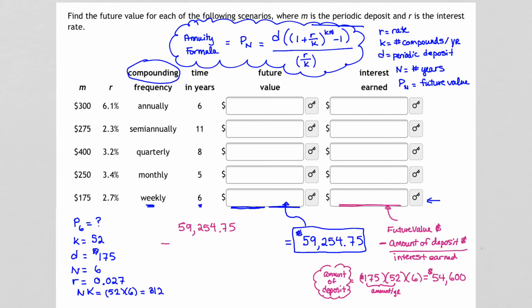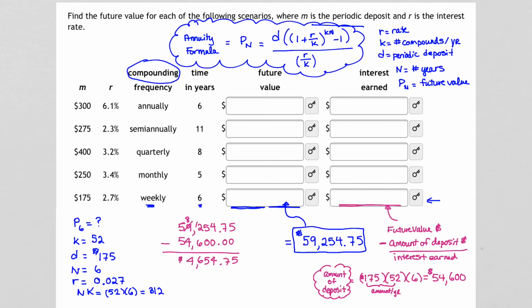So I'm going to take that amount of deposit, $54,600, and subtract that from my future account value. When I do that, it tells me the amount of interest that I've earned.